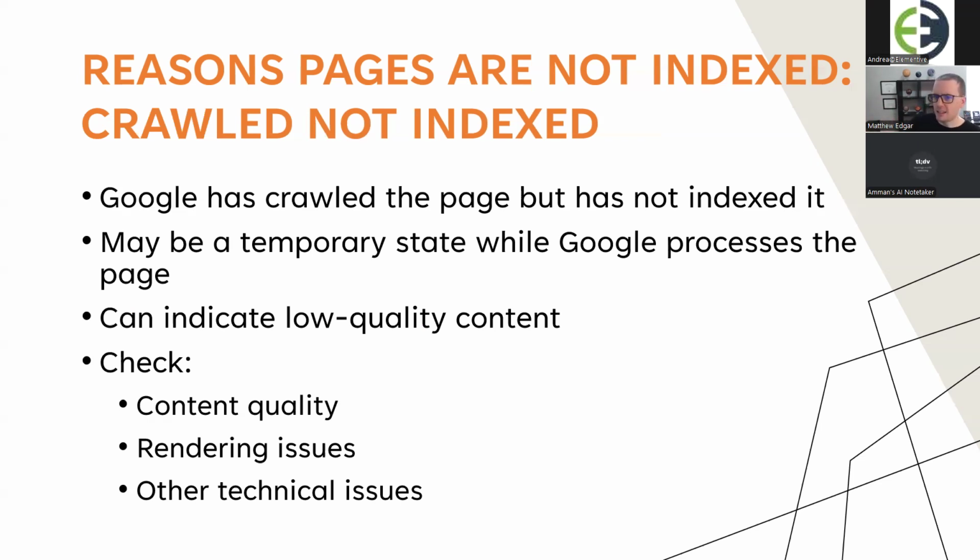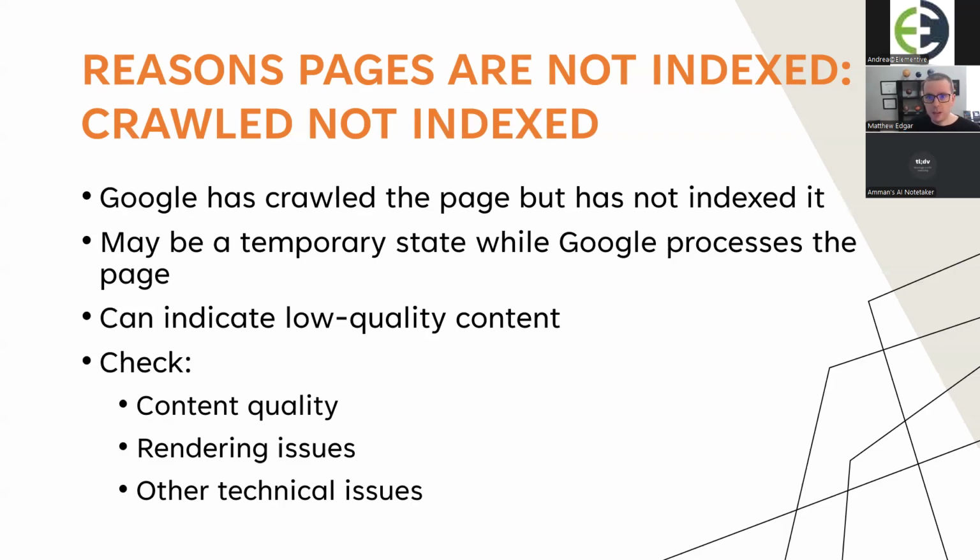But it's when things get stuck here. They're in this category for weeks on end, or in some cases, months or even years on end, that you really know you have a problem. In a lot of cases, this is some kind of low quality content. So you need to look at the content on that page and figure out, okay, is this a low quality page? Is this unhelpful? Is it not meeting some of those search essentials in some other way?